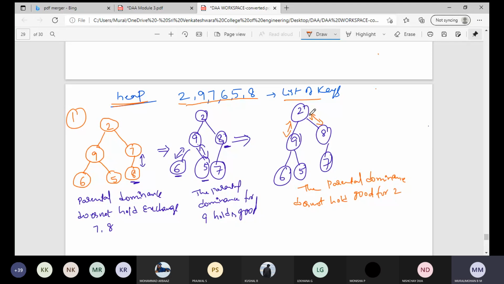For 2 it is not holding good. So exchange 2 with its largest key child, which is 9. So 2 and 9. So exchange 2 with its largest key child, 9. So when we exchange, what will we get?